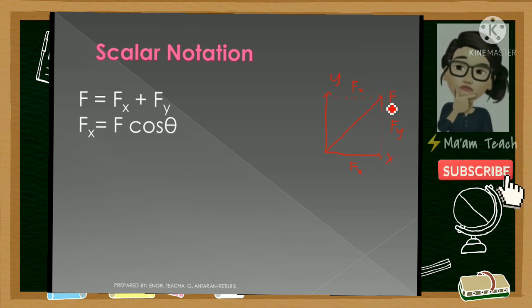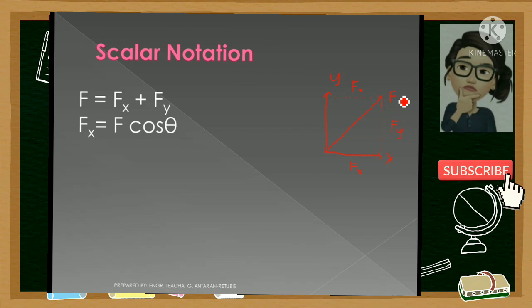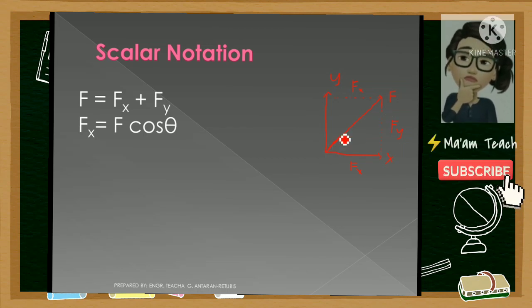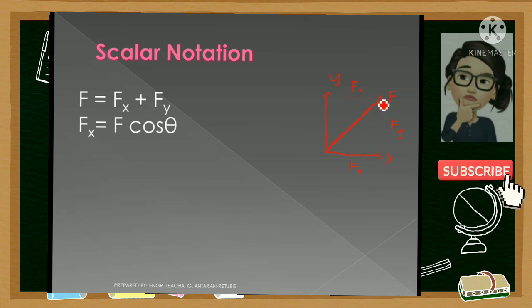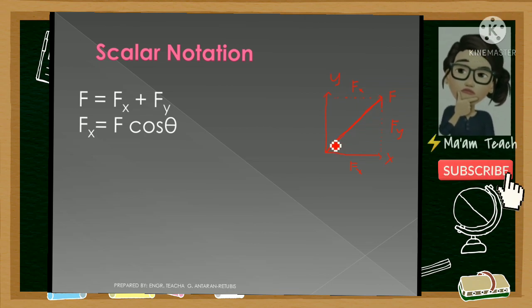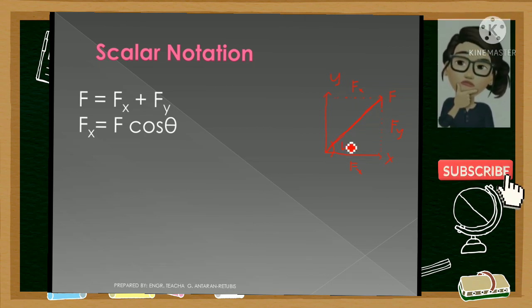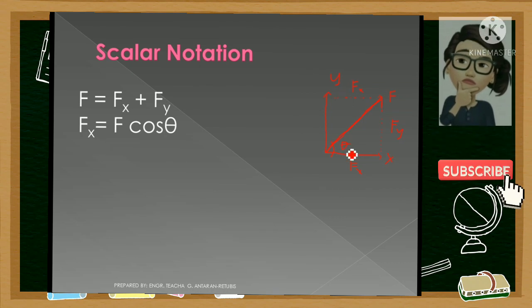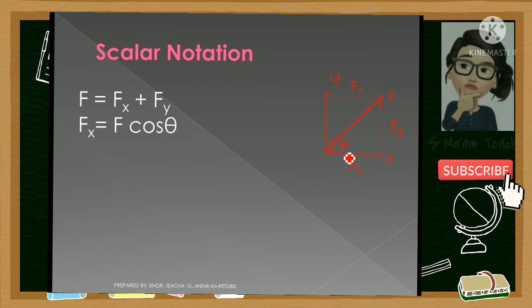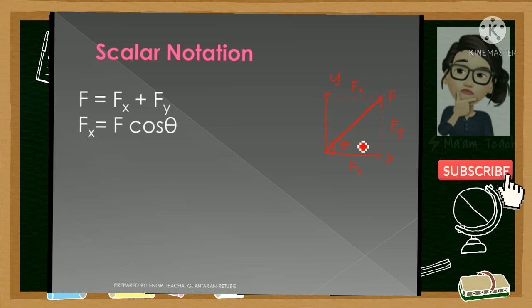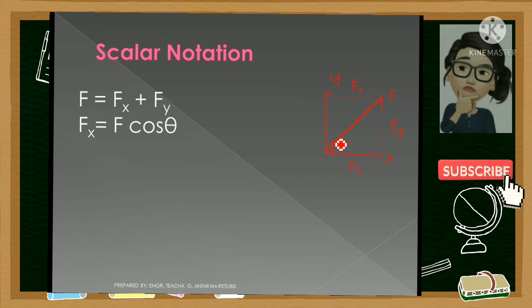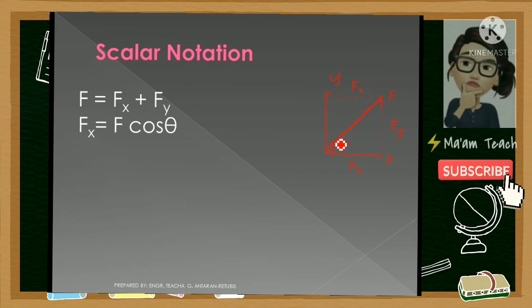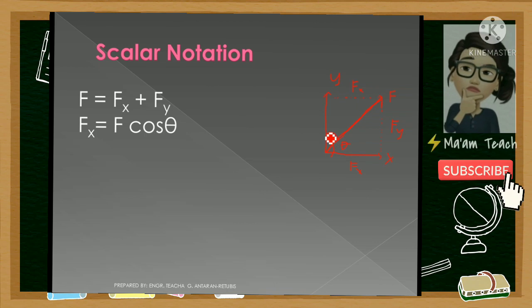Now our force, since it is a vector, comes with magnitude, which is the length of this arrow, while the direction is expressed in our angle. Usually it is expressed with respect to the x-axis, which is right here, or sometimes it is also described with respect to the y-axis.